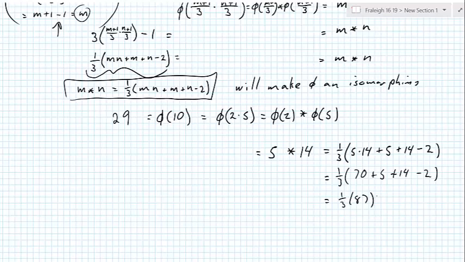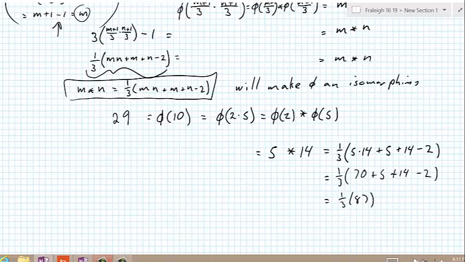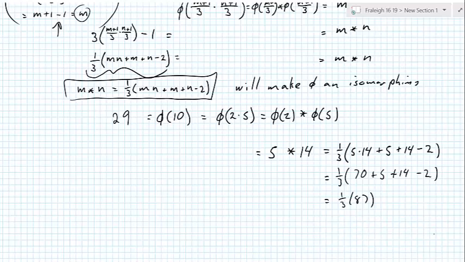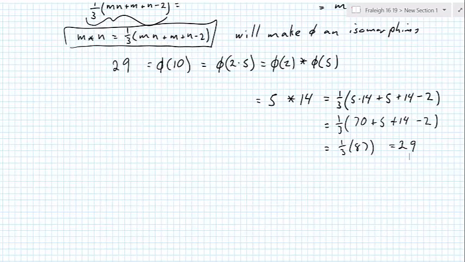Oops, I did something wrong here. Let me pause for an instant to see what I did wrong. Ah, no mistake. I actually just didn't recognize that 3 times 29 is 87. So that is 29. So it definitely works in that case.